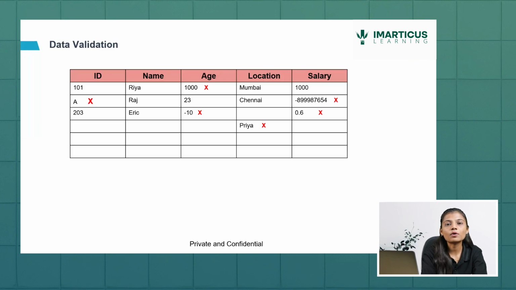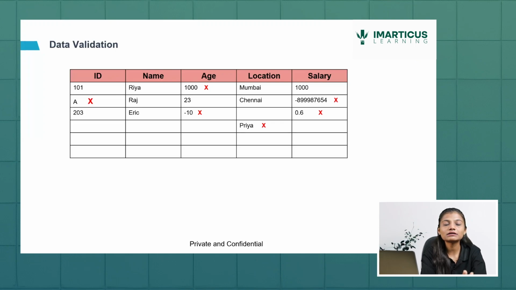But if I type in A in the ID part, that information seems to be incorrect. But with respect to the basic approach of Excel, a cell can accept any value. So by default we are not restricted from entering A at that particular position.